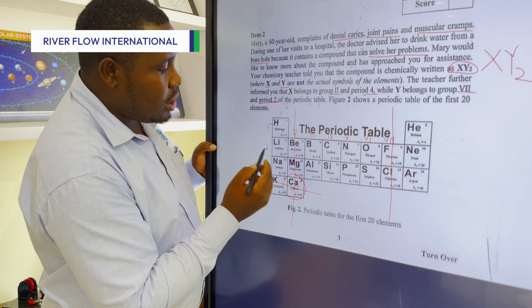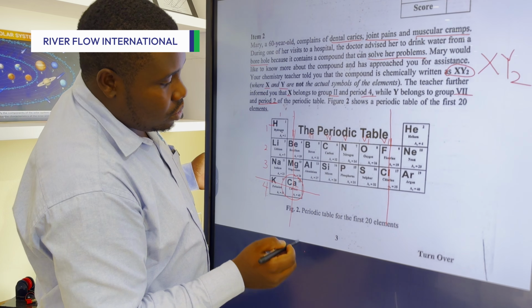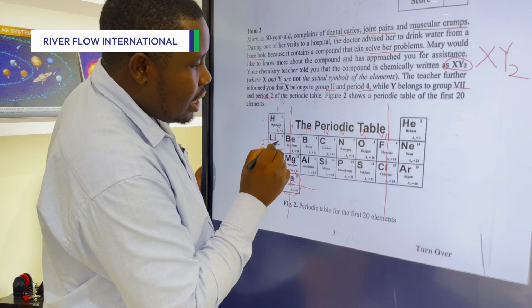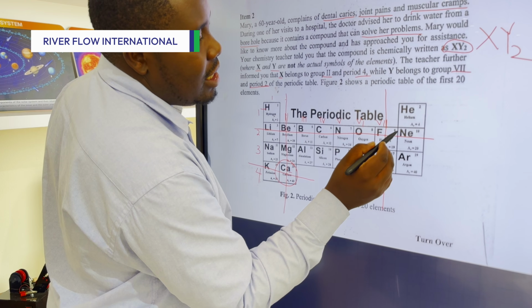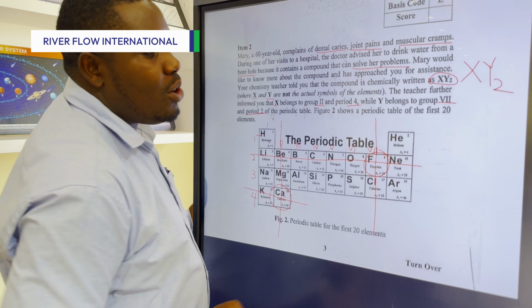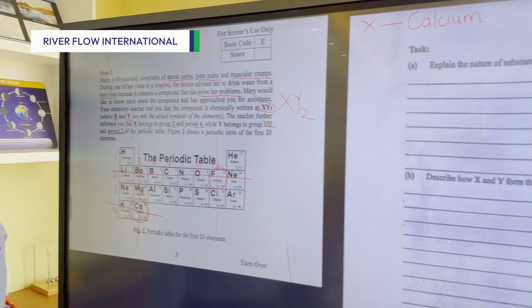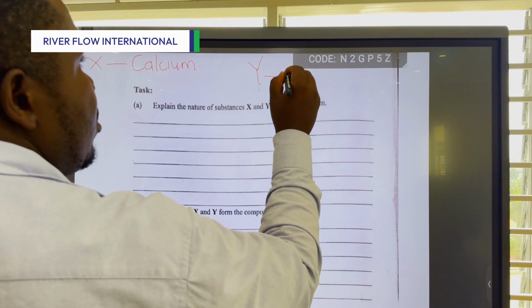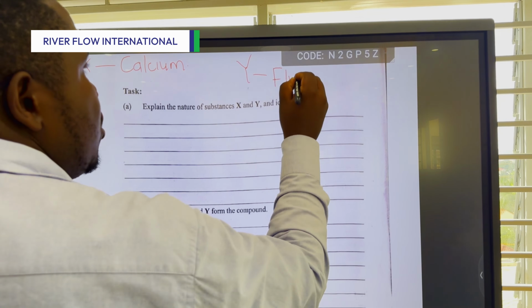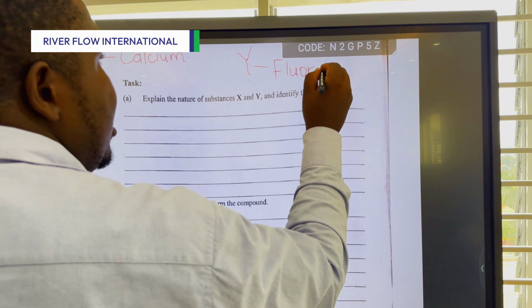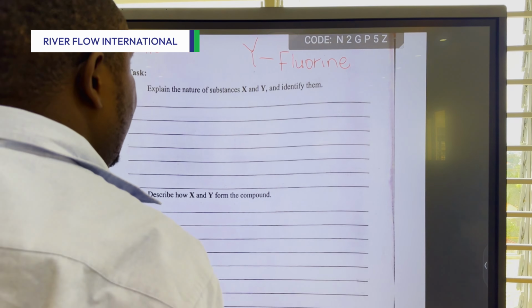So this is period 1, this is period 2. So I'm going to draw my line like this. You see where they have met, where they are forming a cross, it is fluorine. So I'm going to say our Y is fluorine.